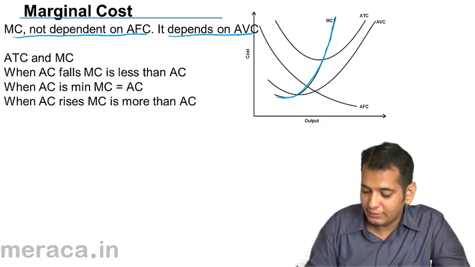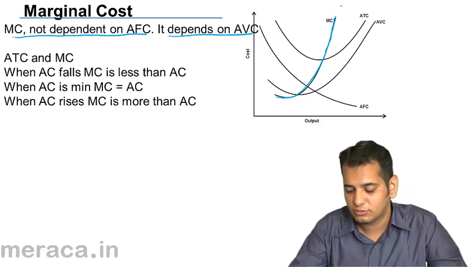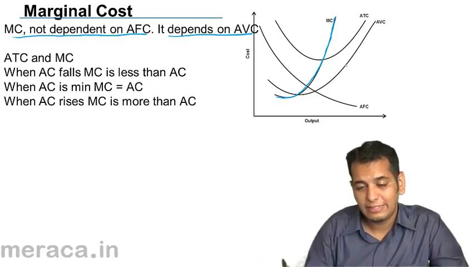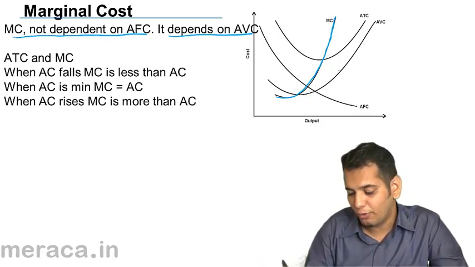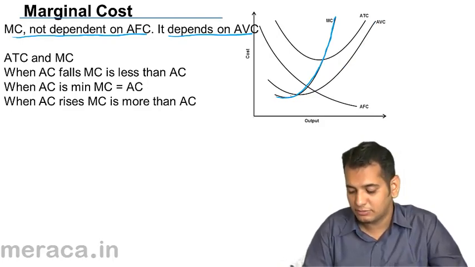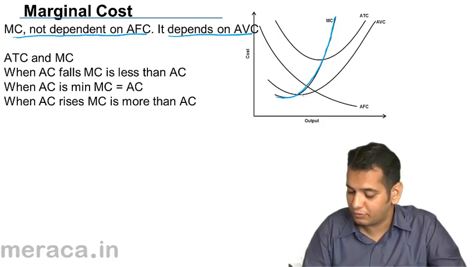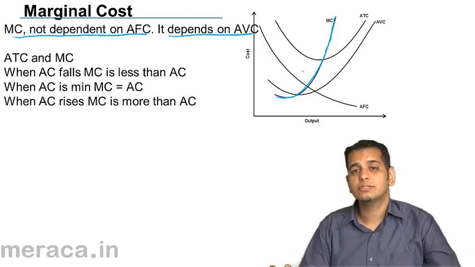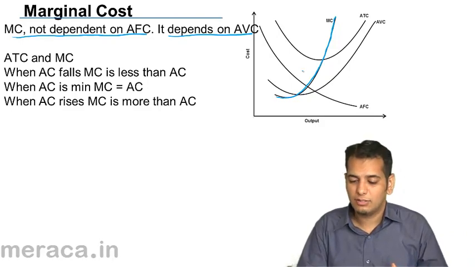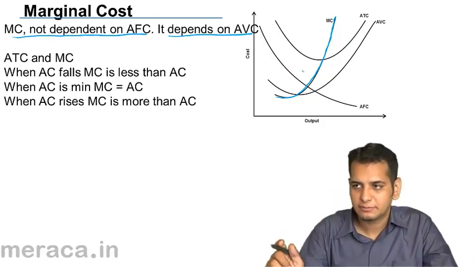And you can see that it follows the pattern of average variable cost. The average variable cost curve initially falls and after a point goes on rising. Same is the case with marginal cost. The marginal cost curve initially falls and then goes on rising after a point. The only difference is the marginal cost curve rises steeply, rises sharply.